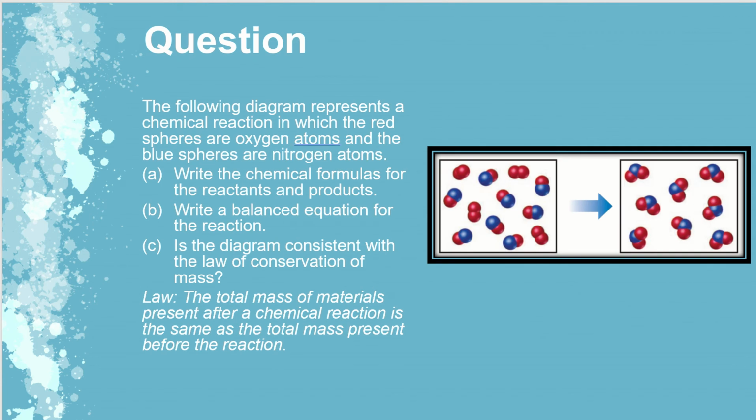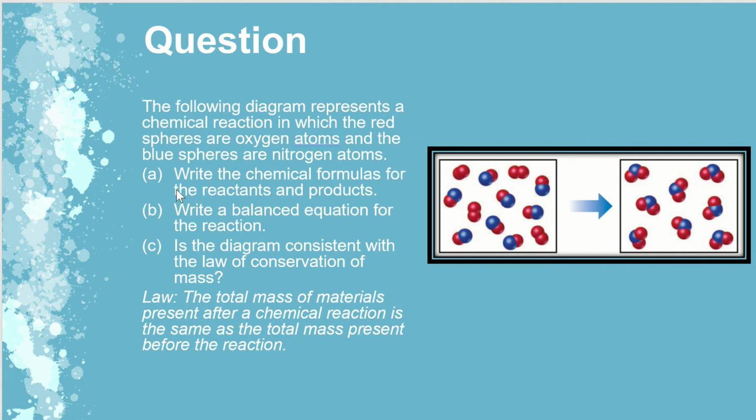All right, so we have another question which says the following diagram represents a chemical reaction in which the red spheres are oxygen atoms and the blue spheres are nitrogen atoms. So every red sphere that we see is an oxygen, and every blue sphere that we see is a nitrogen.